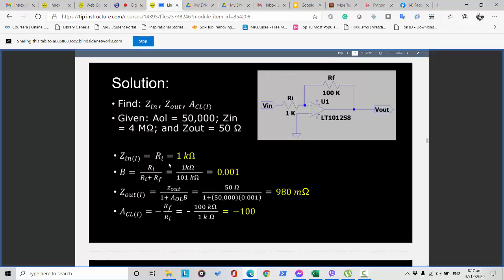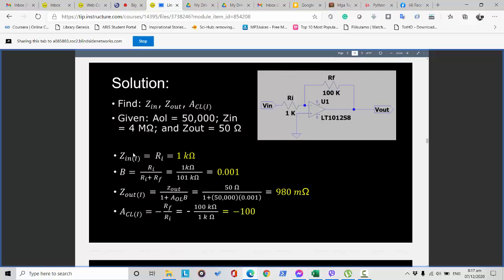This is our input resistor and this is our feedback resistor, which is considered to be Rf. That will be equivalent to 1 kilo ohm.